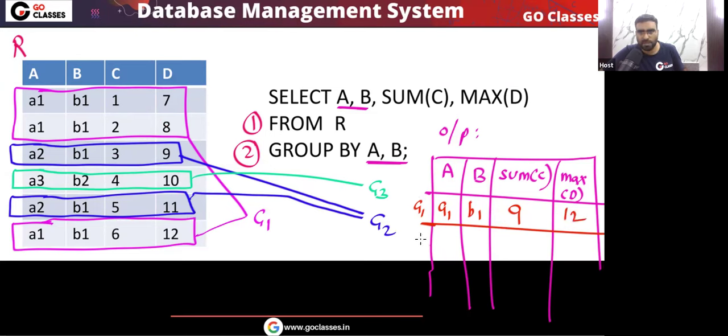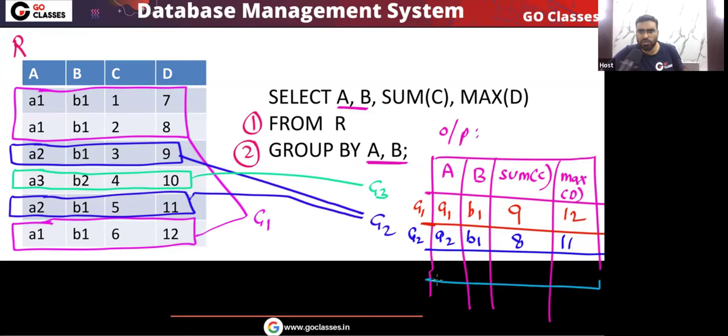This tuple will come. Next, tell me about G2. G2 has A2, B1, the value of A comma B is A2, B1. Next, sum of C will be 8, 5 plus 3, that is 8. And max of D will be 11.